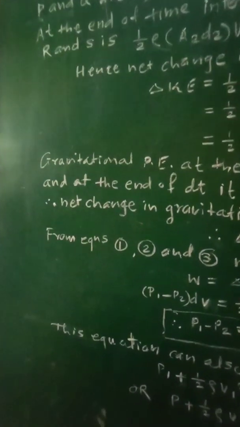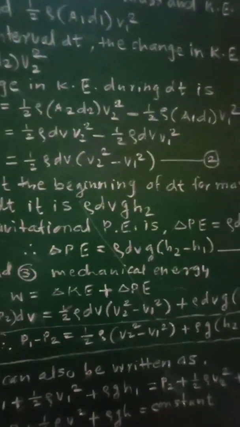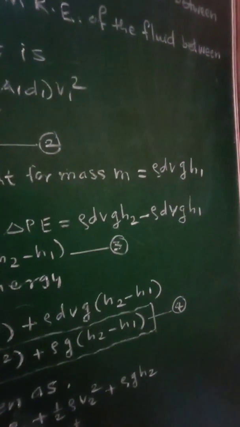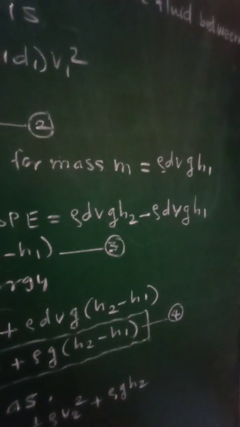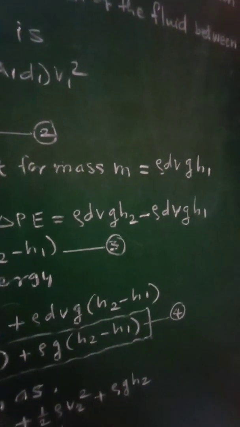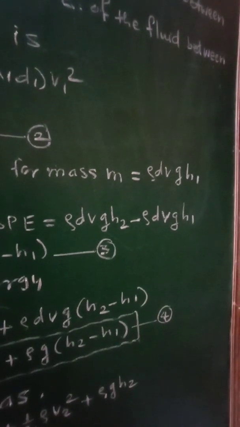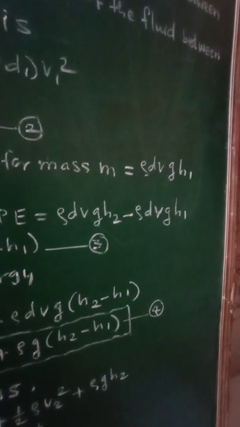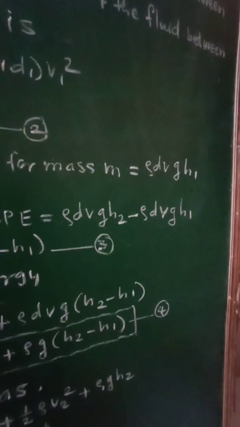Now the gravitational potential energy at the beginning of the time interval dt for mass m will be equal to rho dV g h1. Potential energy is given as mgh, and therefore rho into dV represents here the mass, that is volume into density, and g h1 as it is.